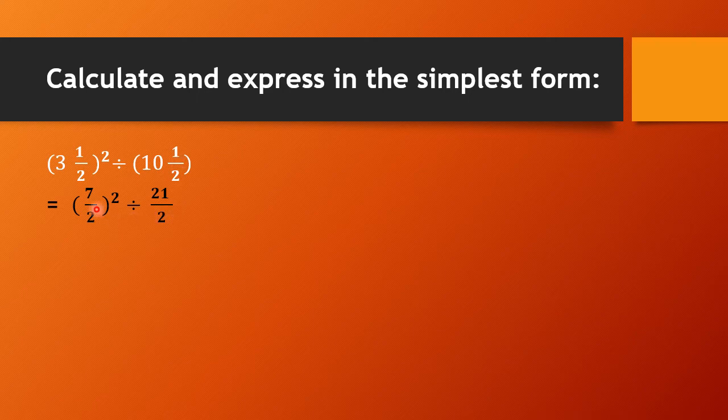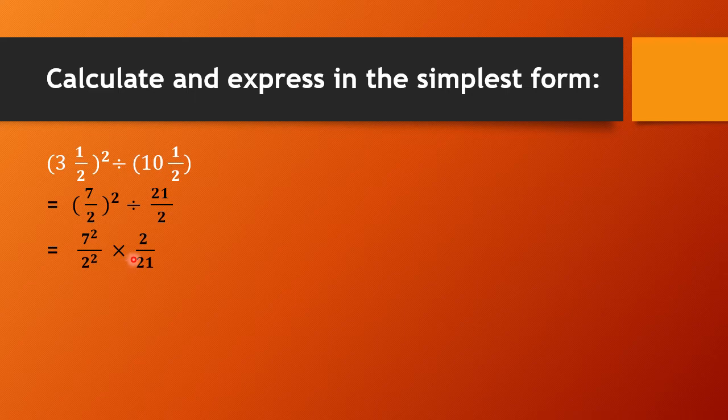After that, I will distribute power 2 among the numerator and the denominator of this fraction. It will be 7 power 2 over 2 power 2. And I will convert the operation. Instead of divide, it will be times. If I convert the operation, I will bring the multiplicative inverse of the fraction after the sign.